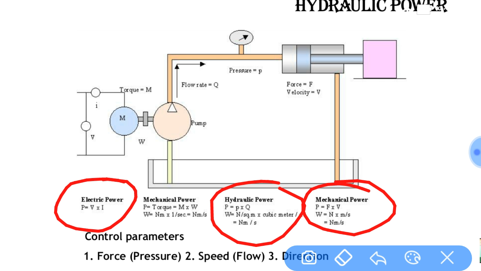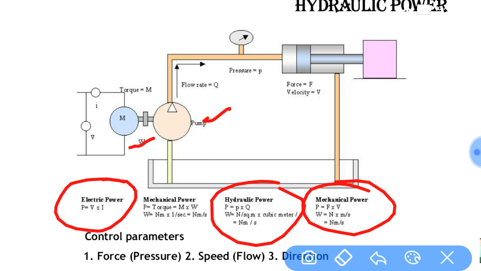Now this picture is a simple picture of a hydraulic circuit. Here you see a hydraulic pump is getting power from this electrical motor, and the electrical motor is actuated by this electrical system. So here electrical power is getting converted into rotational mechanical power.